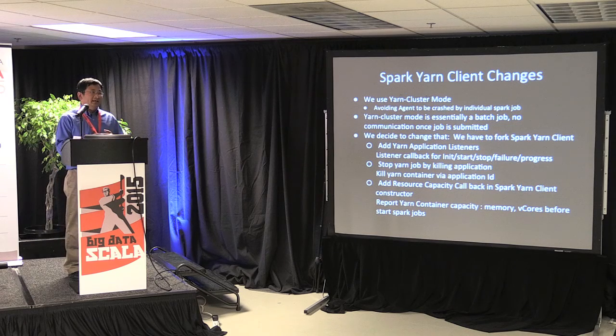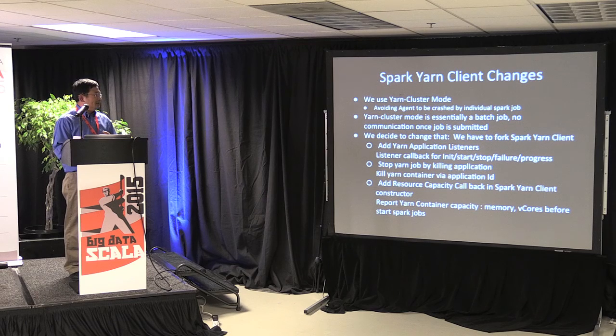We want to be able to monitor where the job is going. If a job runs for 5 hours and you see something wrong, you want to stop it, right? So we added three major changes to the Yarn client. In order to do this, we essentially had to fork the Spark Yarn client module. First, we added a Yarn application listener, which allows us to get callbacks when the Yarn container starts and stops.